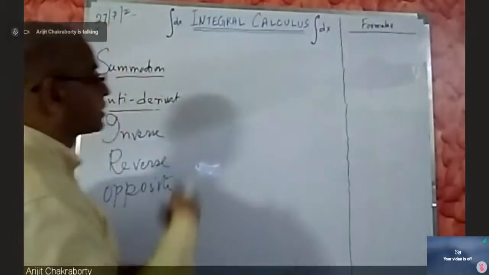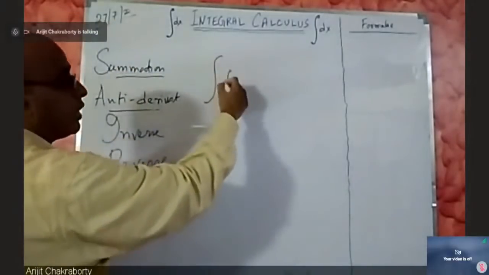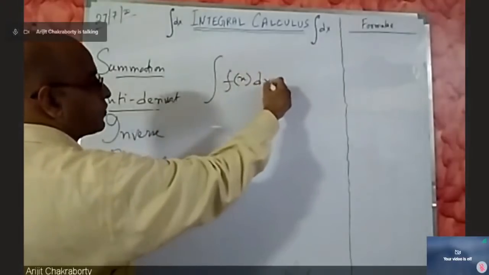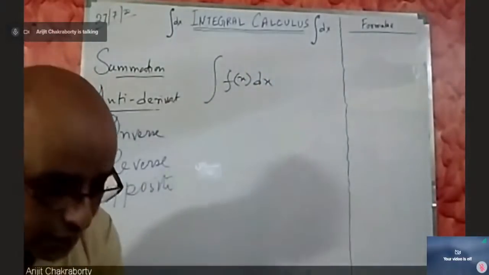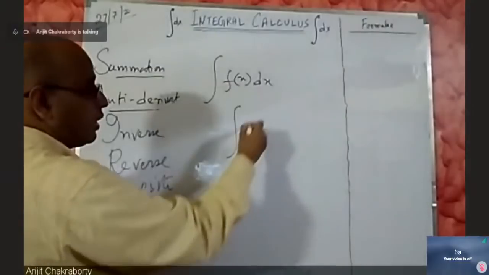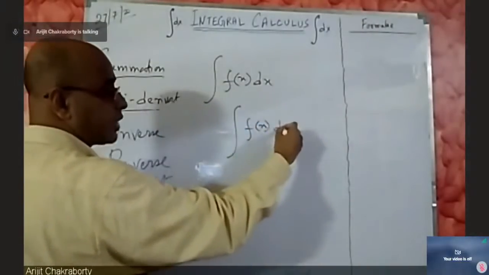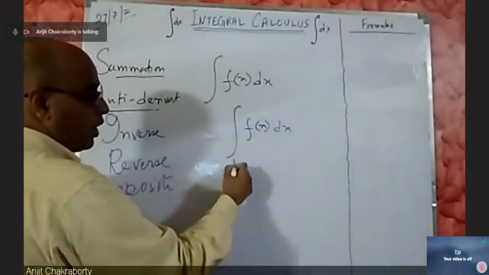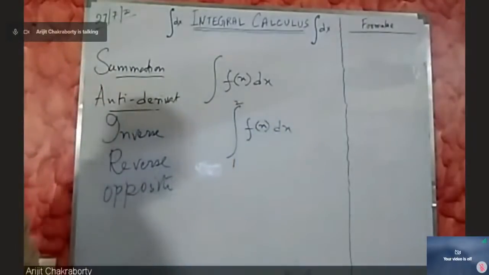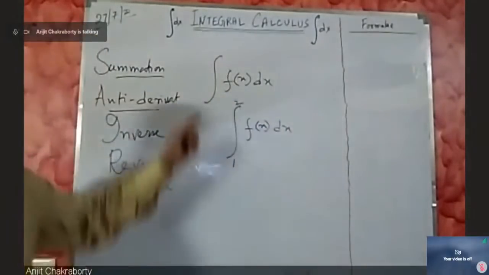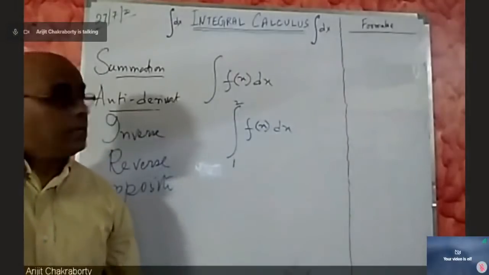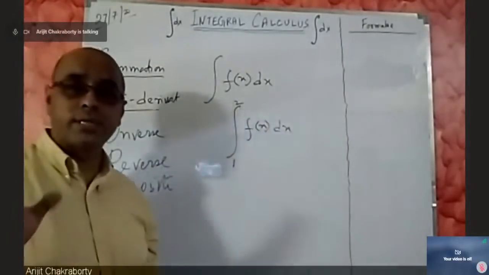Now, if I write ∫f(x) dx and if I write ∫f(x) dx between 1 and 2, what is the difference between these two expressions? The first one is only f(x) dx.